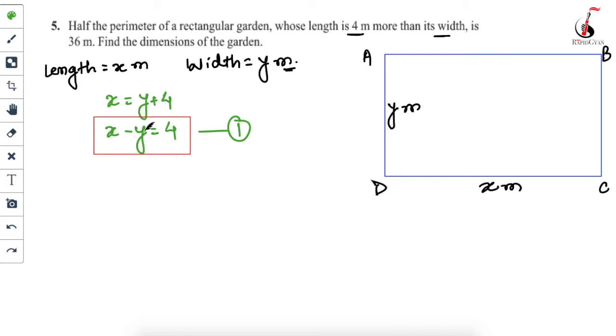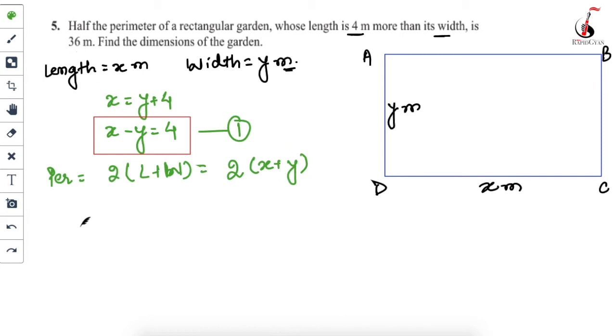So the second condition is saying that half of the perimeter of the rectangle is 36. What is the formula for finding the perimeter of the rectangle? Perimeter of the rectangle is 2 times length plus width. So I can write perimeter is equal to 2 times (x plus y).